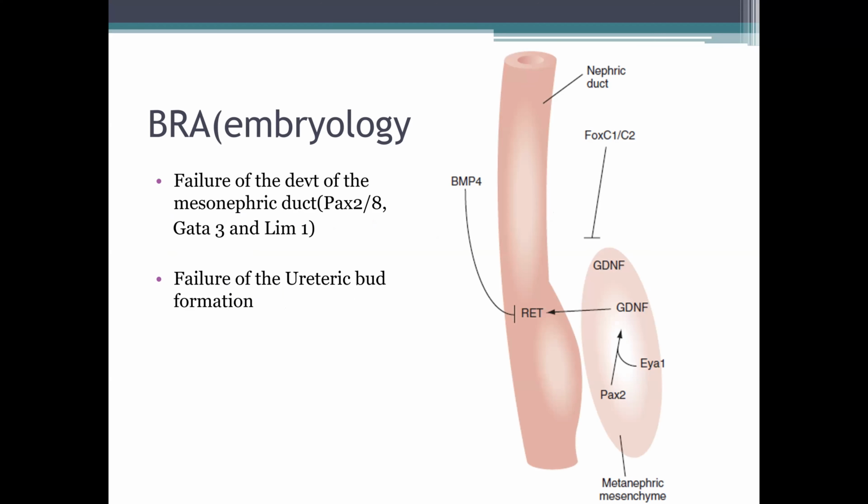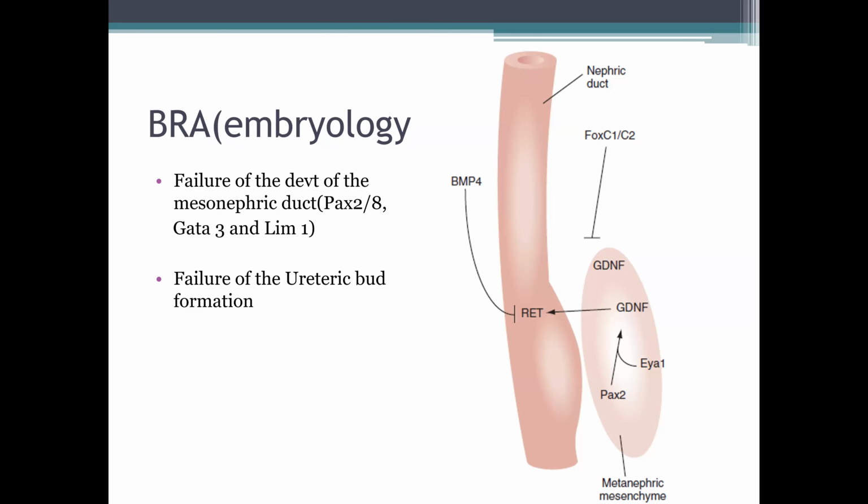And these ones are due to failure of the development of the mesonephric duct. Remember in the video, or even in the introduction, we said the development of the kidney and the ureter is dependent on the interaction between the ureteric bud, which develops on the mesonephric duct, and the metanephric mesenchyme.